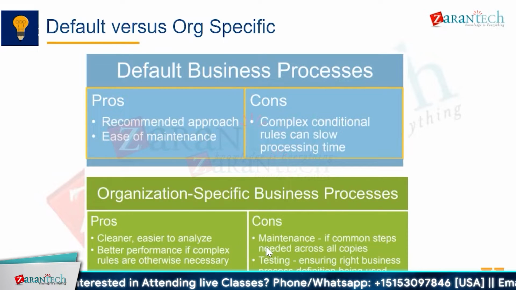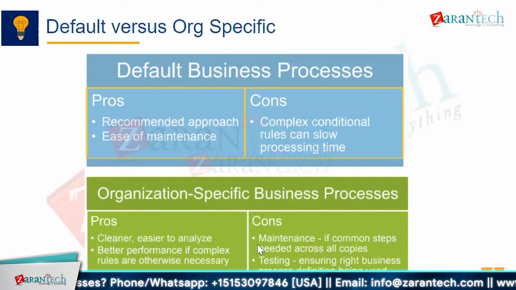Let's say all of a sudden, around COVID, there are all these checklists that new hires need to do. Now you need to make sure that every hire BP that you have in your company has this specific step. And any updates that you make, you're usually testing them before you go ahead and update that in production.